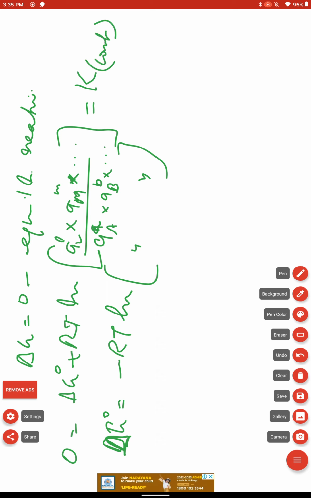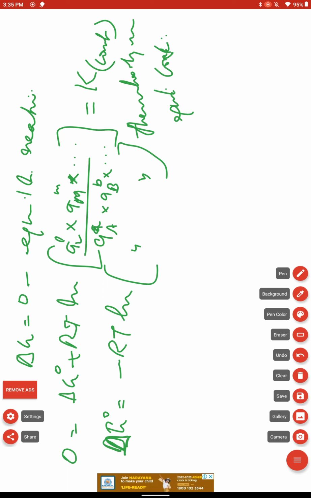And K we can call the thermodynamic equilibrium constant. Okay. So we have derived two equations.